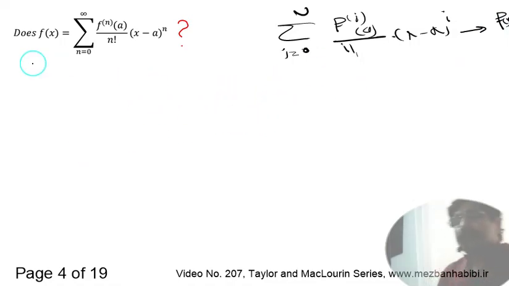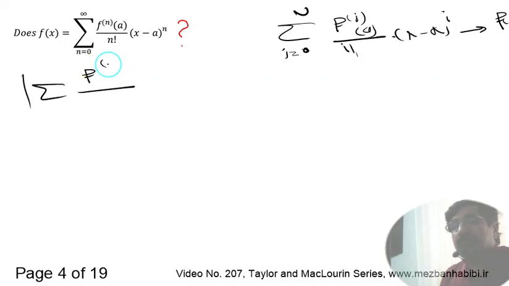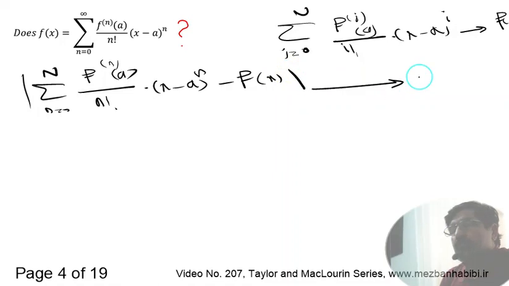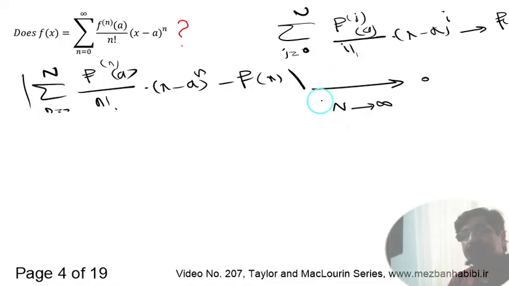So for this we also want to show that the absolute value of the sum of the nth derivative of f at a over n factorial times x minus a to the power of n, from 0 to capital N, minus f of x goes to 0 when capital N goes to infinity.